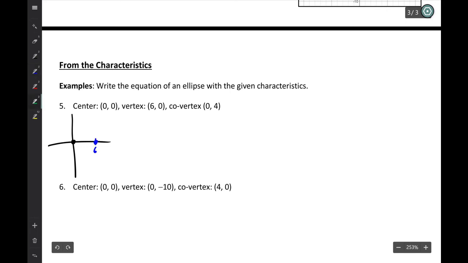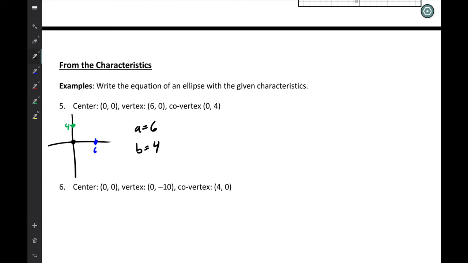And my co-vertex is at 0, 4, up here. All right, because my vertex is horizontally a distance away from my center, and it's 6 away, that means my a value is equal to 6. And it's a horizontal ellipse, so that's going to be underneath the x squared. B value is equal to 4.